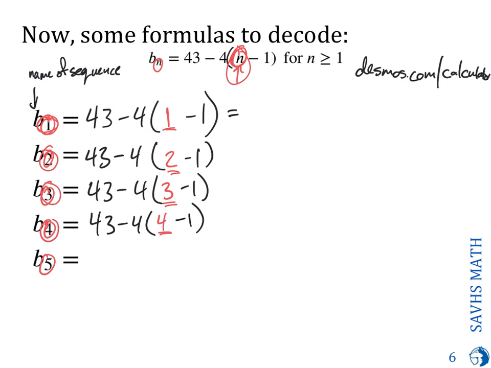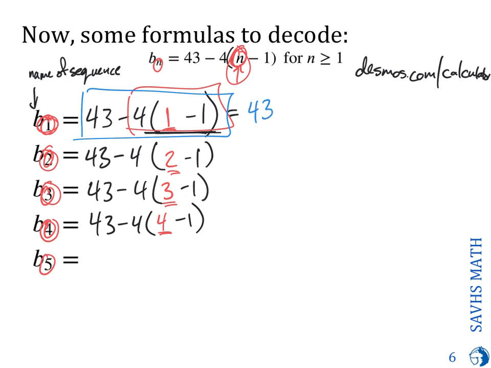That is perfectly fine with me. The other thing you can do is make sure you follow the order of operations. Inside the parentheses, we have to do the 1 minus 1, you get 0. Then you got to do the multiplication, so 4 times 0 is 0. Then you got to do the adding and subtracting. So then you do 43 minus 0, and you get 43.